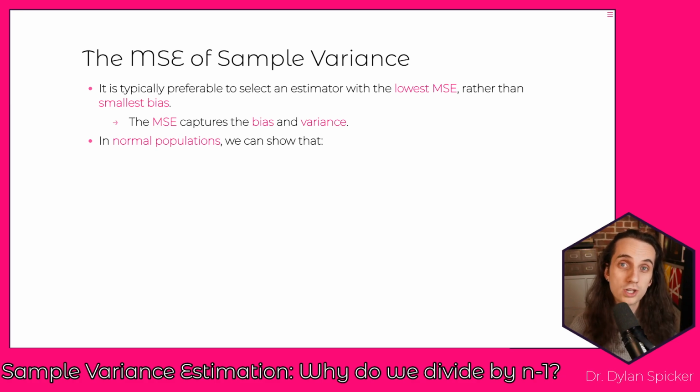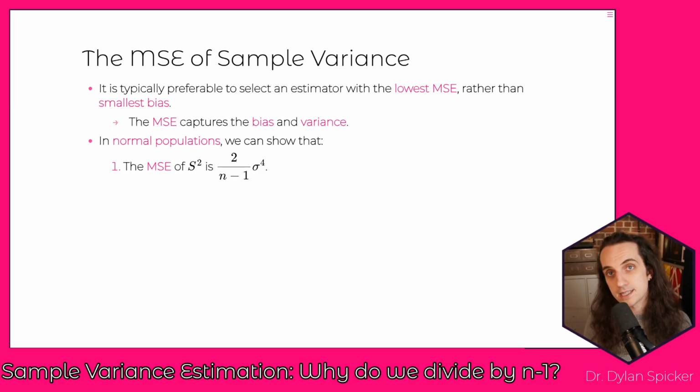So if we think about just normal populations, where our data are drawn independently from some normal distribution, then it's possible to show that the MSE of our sample variance estimator is 2 divided by n-1 times sigma to the power of 4.